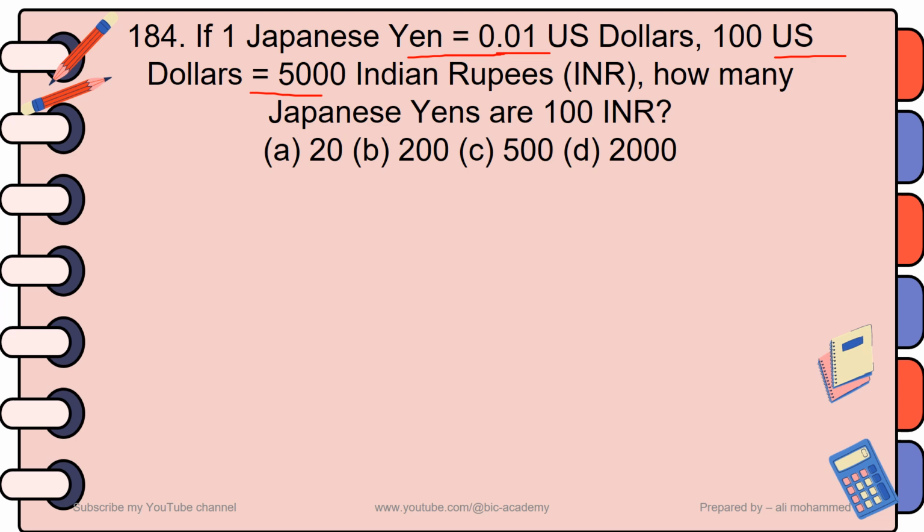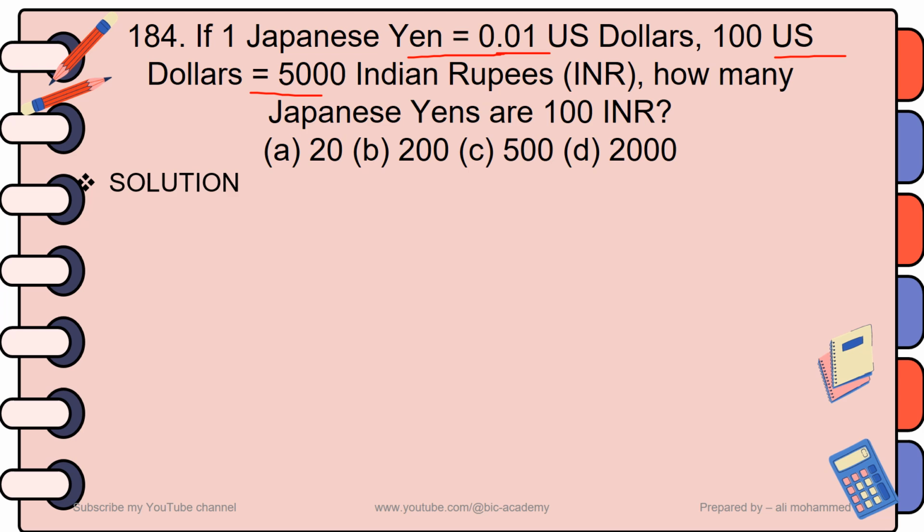For that matter, you have the exchange rate between dollar and yen, and between dollar and Indian rupees. Then from this information, you can find out the exchange rate between Indian rupees and Japanese yen. And after that, you are required to find out the amount of yen which is equal to 100 Indian rupees.